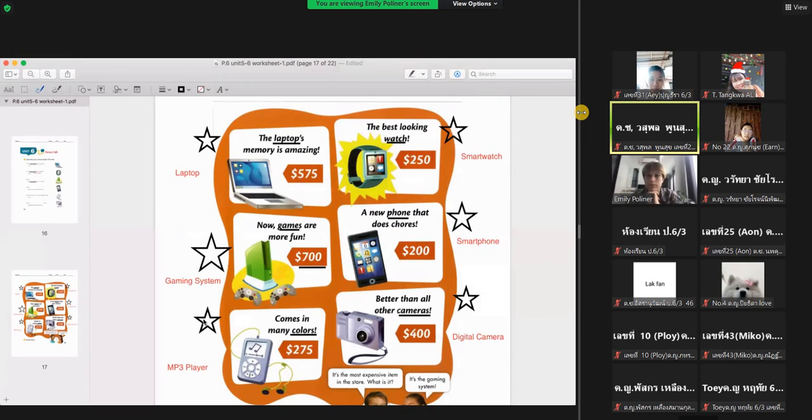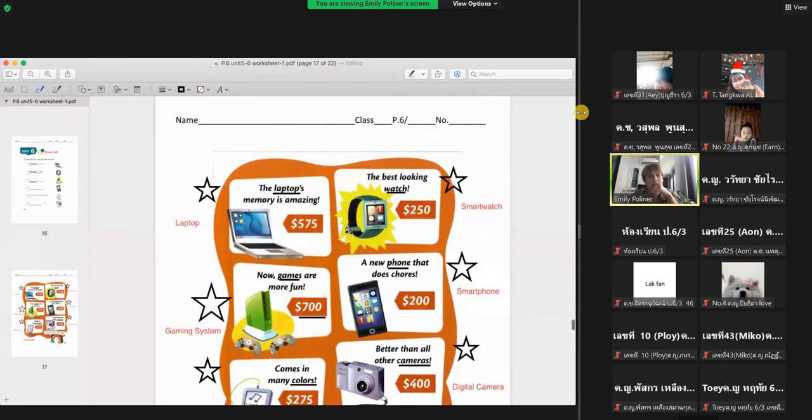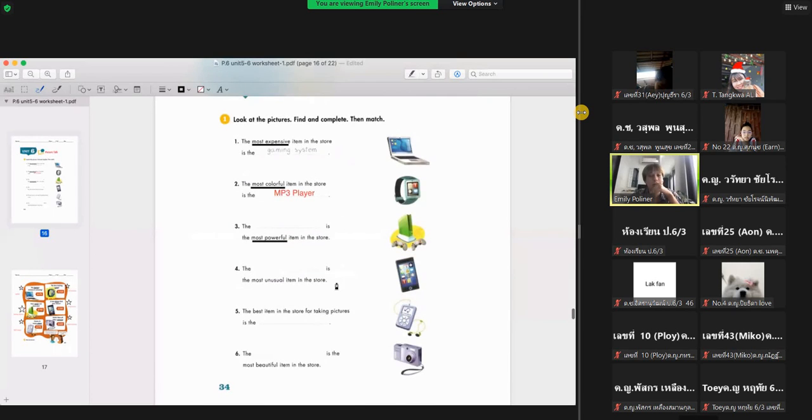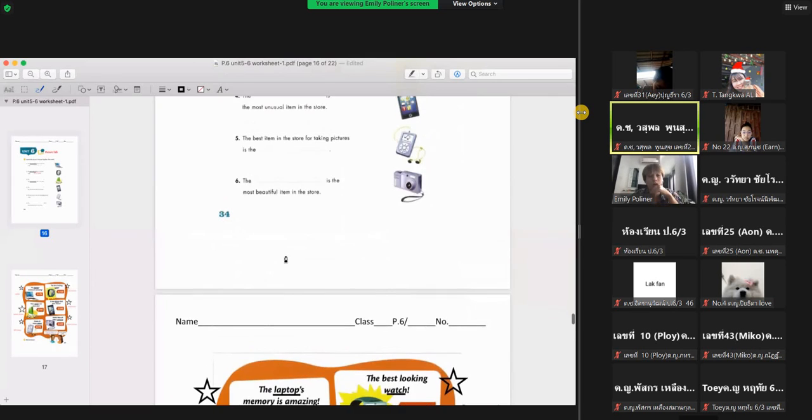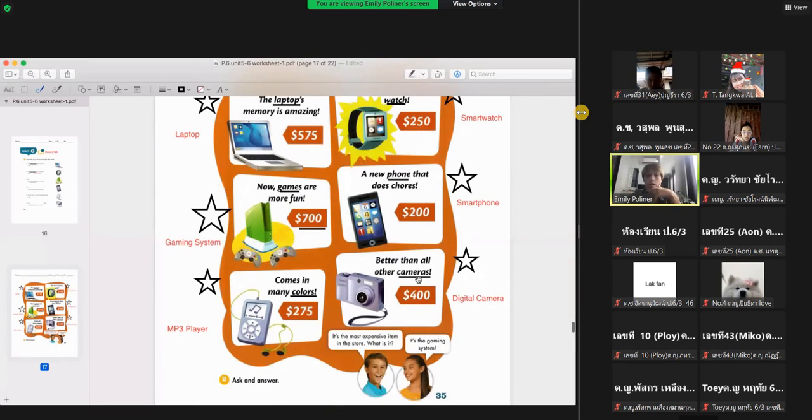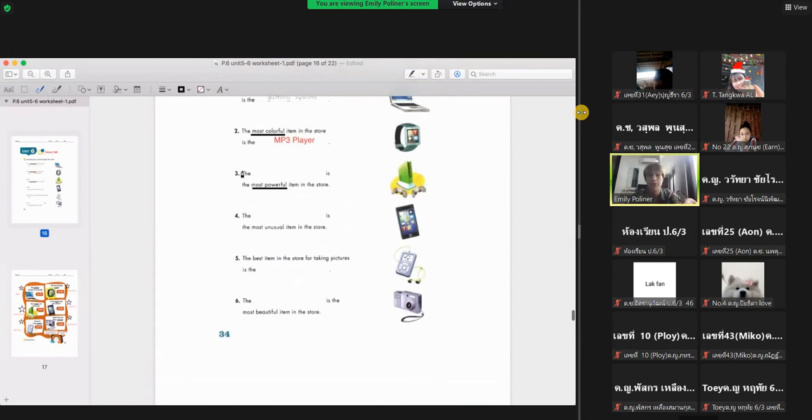The smartphone. Could be the smartphone. Says it has a lot of chores, right? Let's put smartphone there for now, okay? Because it does a lot of chores. Or the camera. It's better than all other cameras. Okay, so we have 2 options, the smartphone or the camera. Let's actually skip number 3 for now. Okay, let's go to number 4.